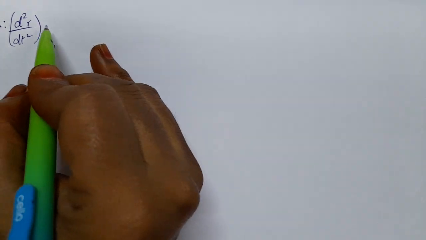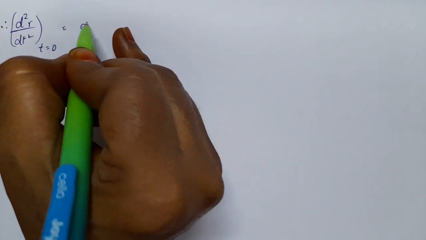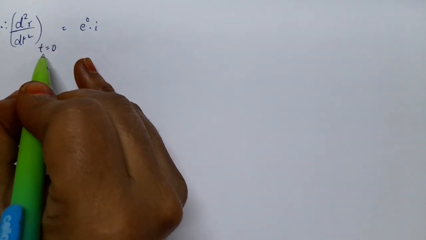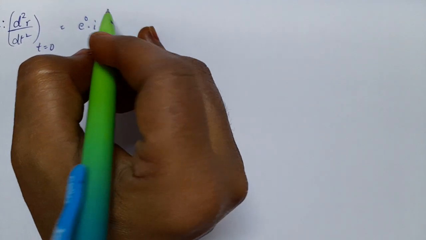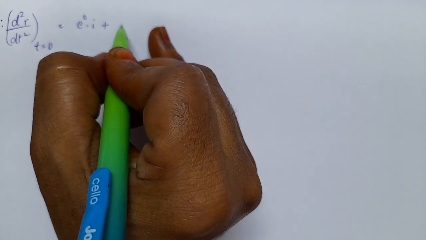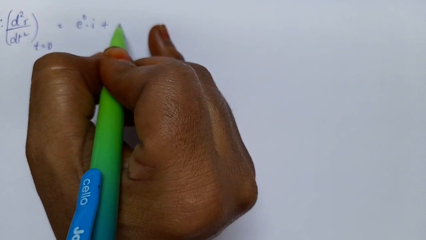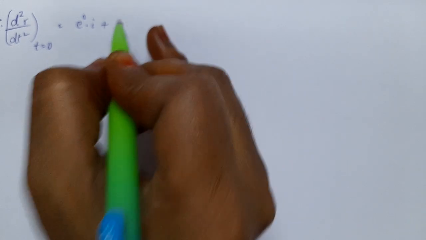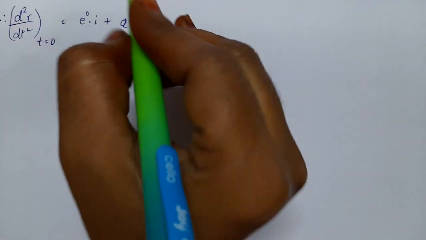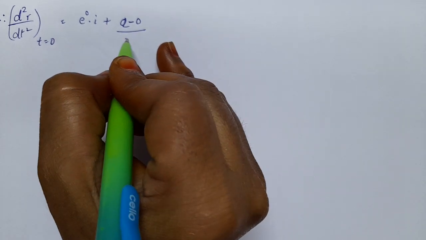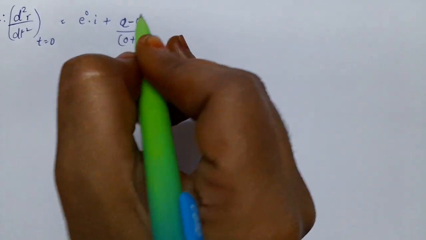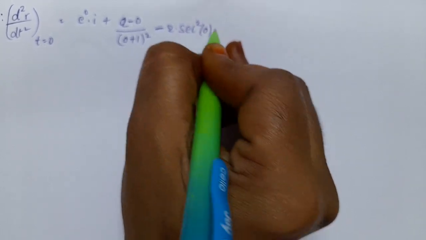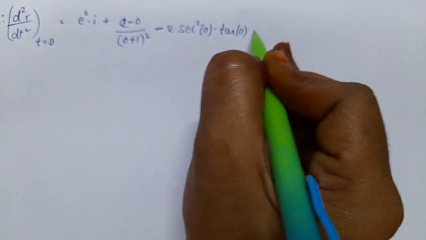So d square r by dt square at t equal to 0: e power 0 means put t equal to 0 in d square r by dt square, e power 0 into i plus two minus 0 by 0 plus 1 whole square, minus 2 secant square 0 into tan 0 into k.